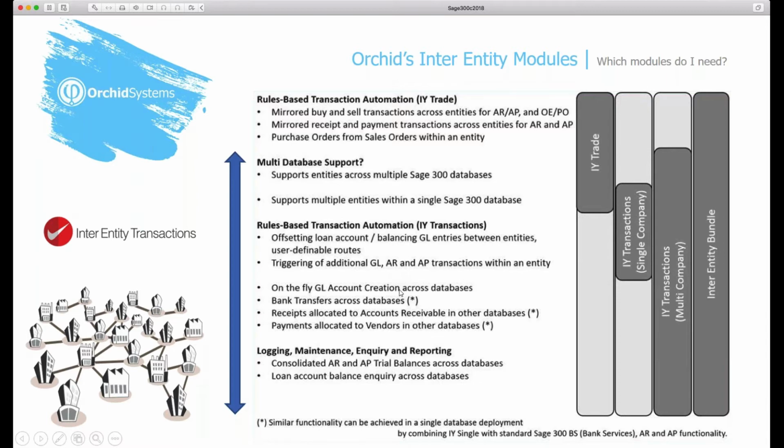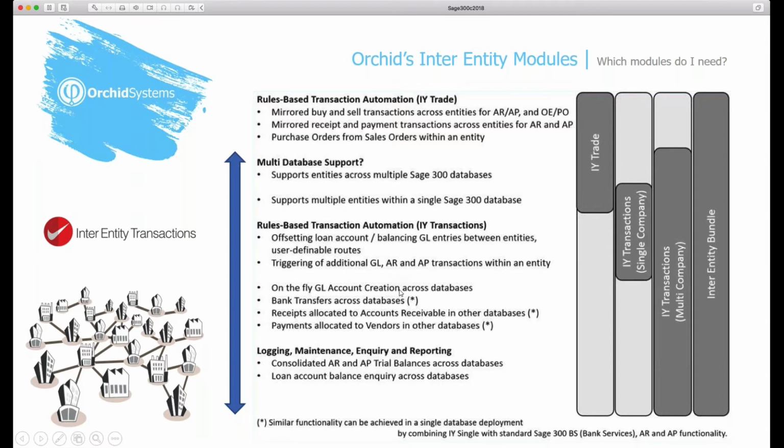So a bank transfer, for example, we would be entering into one company or one entity, and it will create the corresponding transfer within the second company, and this is all happening via loan accounts. We can also handle receipts and payments.